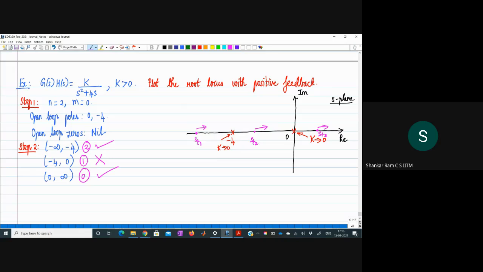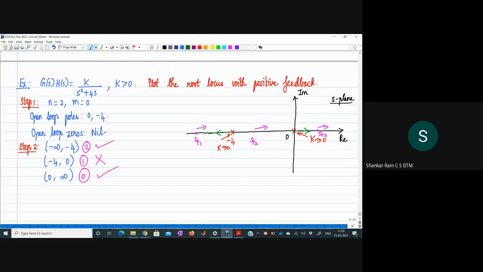Due to this, we immediately observe that our root locus will start off something like this. It is going to start from -4 to the left and from 0 to the right. Previously it was the other way around.